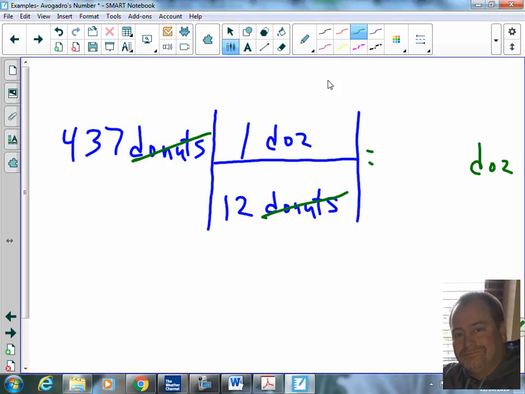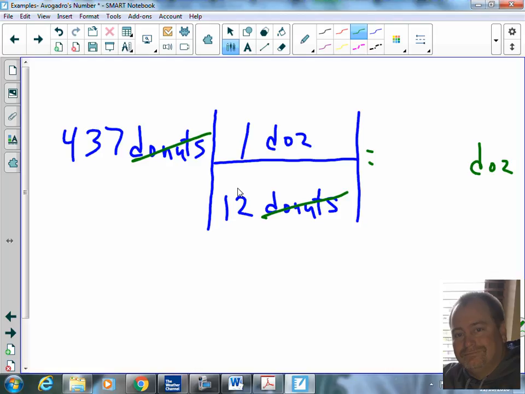Now, when I'm using my calculator to calculate this, I look at this, 437 times 1. What's 437 times 1? 437. So if the number's on the top, I multiply it. If the number's on the bottom, I divide it. So I'm going to take 437 times 1 to give me 437, and I'm going to divide that by 12 because that's on the bottom.